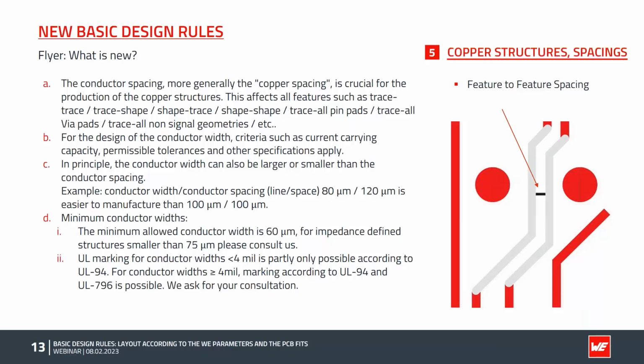If you have larger conductor width, larger than 4 mil, there is, besides flammability marking, also a full recognition marking, let's say having CTI or MOT listings. So if you have questions regarding this point and need smaller line width, please ask us.